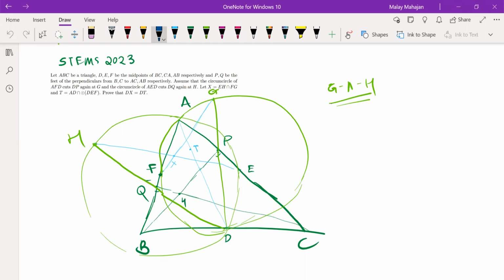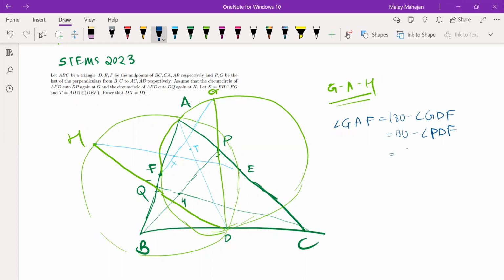I think I got it. Yeah, so go on. Okay, maybe not, but this seems useful. Angle GAF is 180 minus angle GDF, which is 180 minus angle PDF.